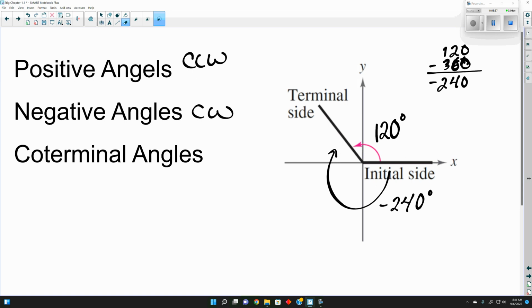And we get to this here. Now these two aren't the only two coterminal angles, because we could keep going. I could keep subtracting 360 from it, because if we go another 360, it'd be taking it and going around again.